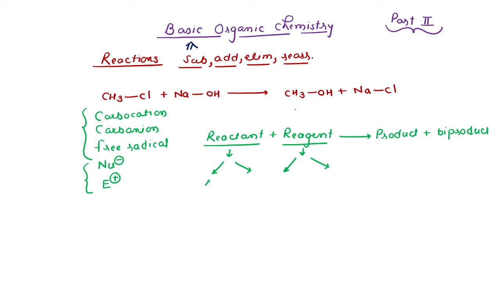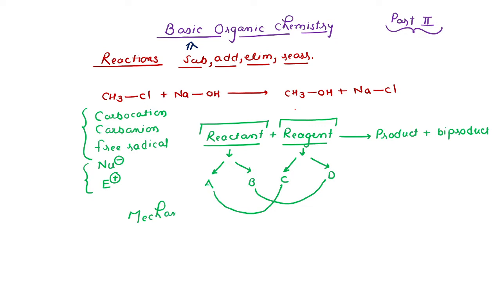Then one of the parts from this will combine with this, or another part will combine with this. So basically, a reactant is breaking in one way and the reagent is breaking in another way. This breaking and approach is known as the mechanism of reaction. That mechanism we are going to discuss afterwards.